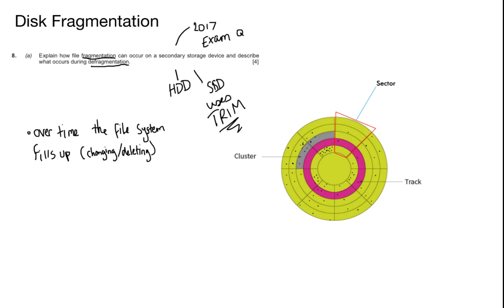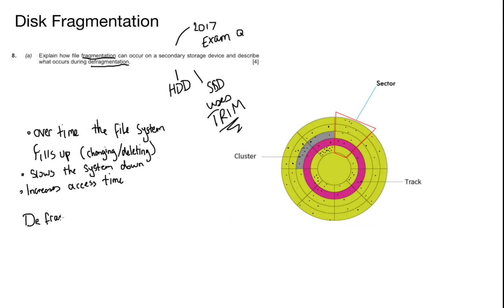As you can see in the diagram, I have added lots of different dots there. Those dots represent bits of your files. And you'll notice on the disk, all of those dots have become scattered or fragmented across the disk. This means that our read-write head has to physically go to these locations, and it slows down the system and increases the time taken to access files.